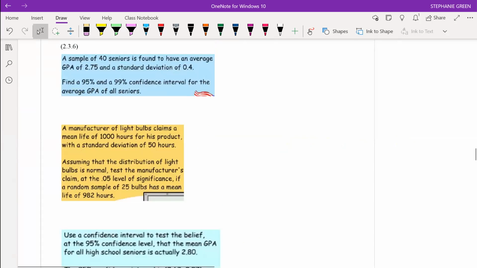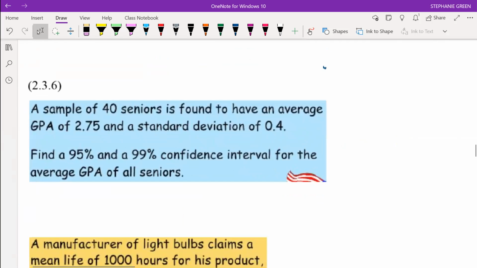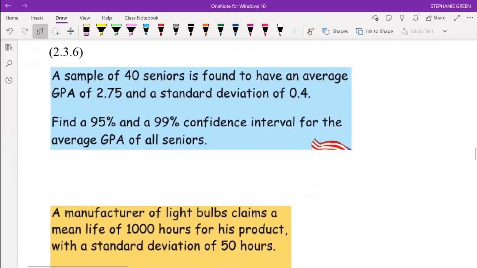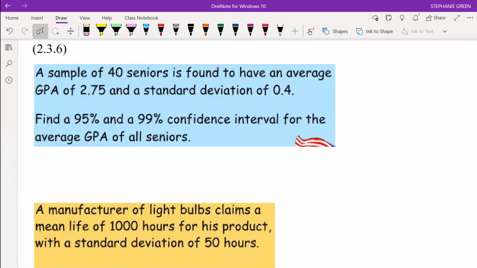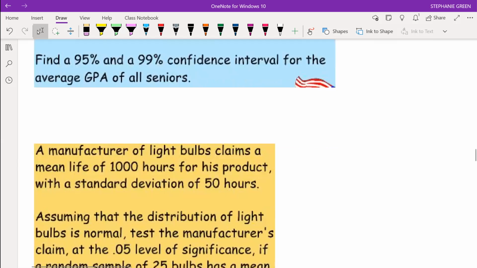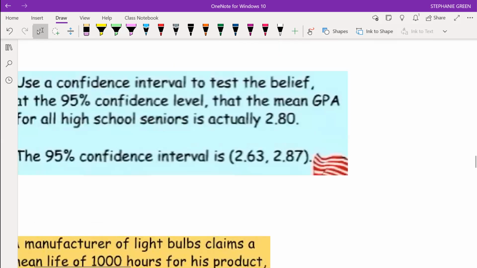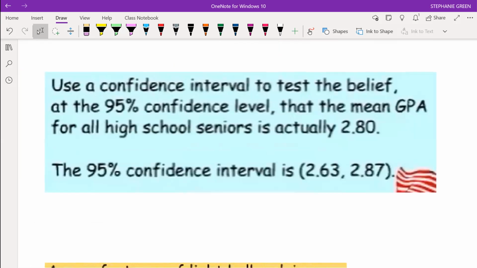So to do that, we have this class of 40 seniors with an average GPA of 2.75 and the standard deviation being 0.4. And we want to use the confidence intervals to determine if this group of high school seniors and their GPA being 2.8 is statistically significant.